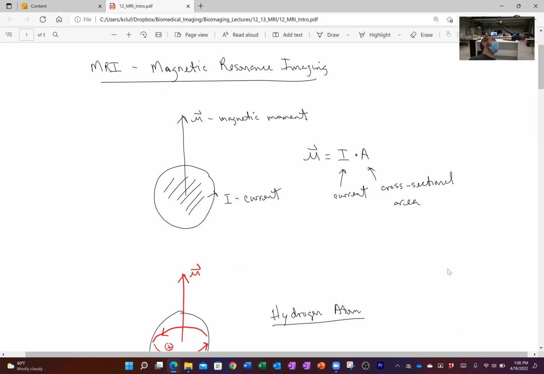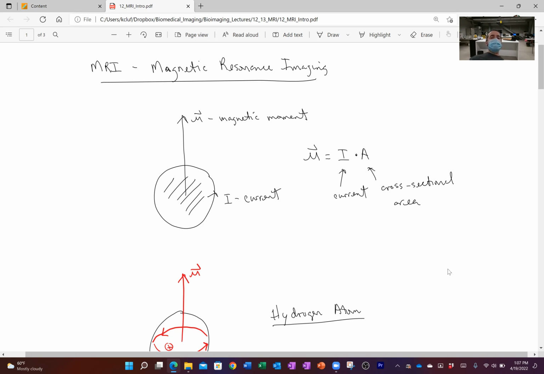If you're using X-rays, that's X-ray imaging. In MRI, the type of energy that's used is a combination of radio waves and strong magnetic fields. That's why they call this magnetic resonance imaging.